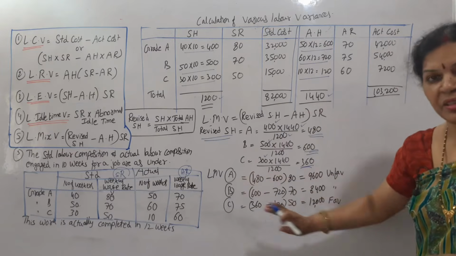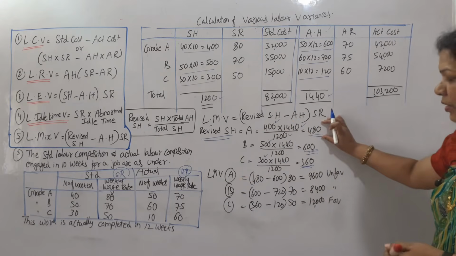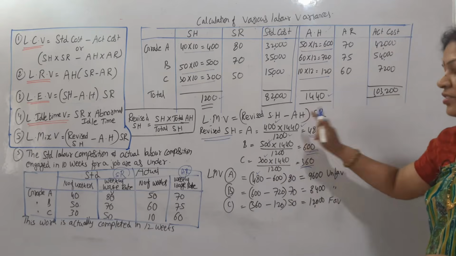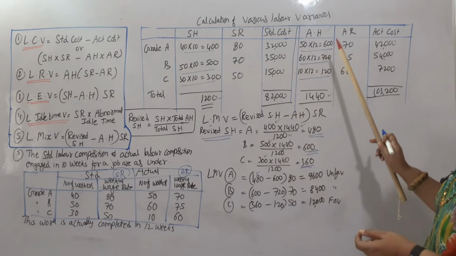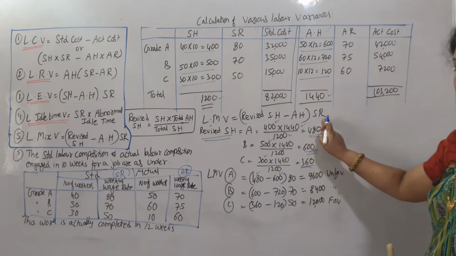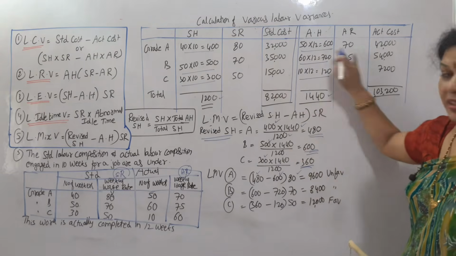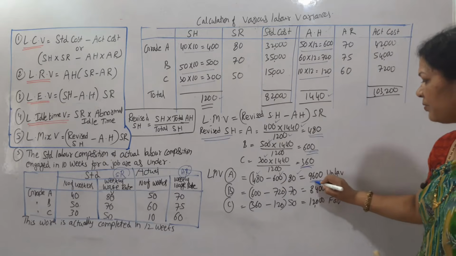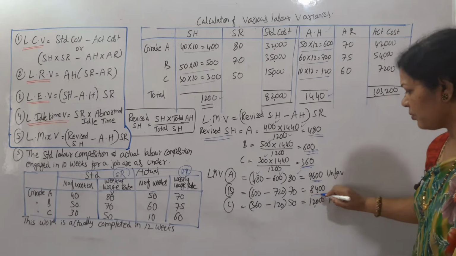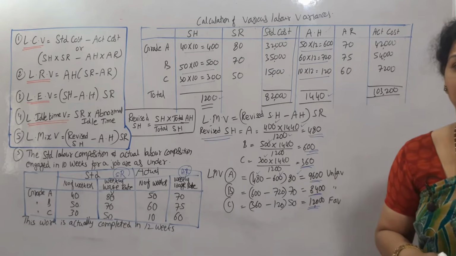For A, B, C I have done separately. For A, the revised standard hours are 480, minus actual hours, which are 600, into standard rate, which is 80. You get an answer of 9,600 unfavorable. In the same way for B, you get 8,400 unfavorable, and for C grade you get 12,000 favorable.